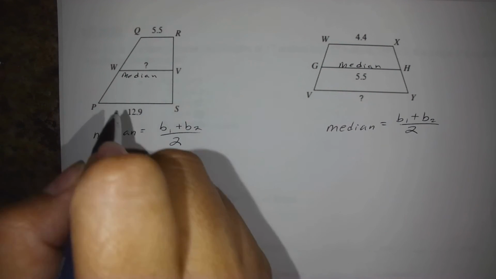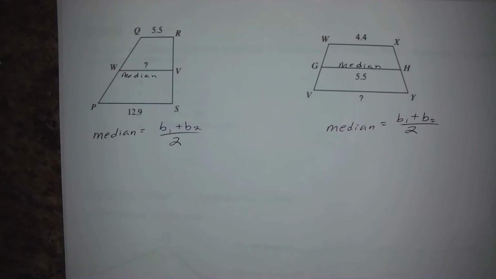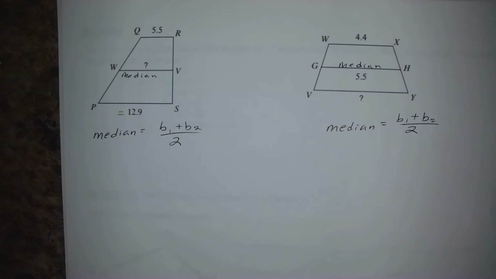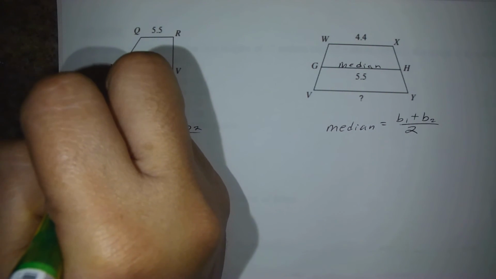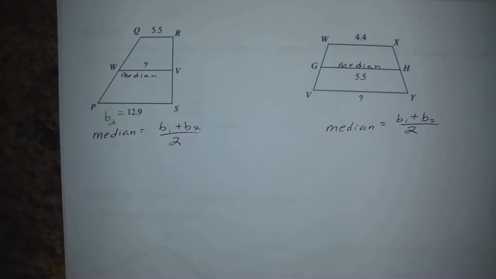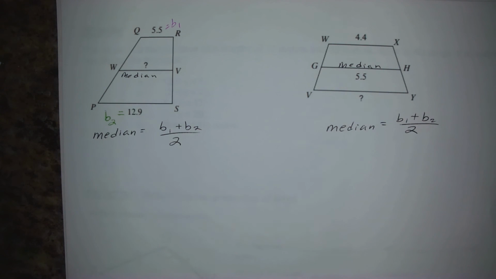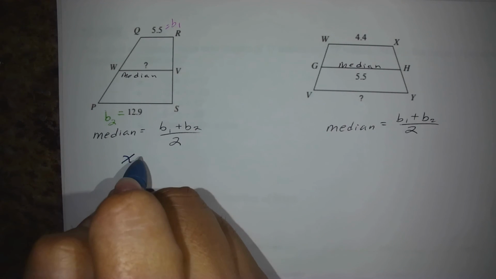Okie dokie. We know that this here is our base 1. Does it really matter? No, it doesn't, Miss Carpio. It does not matter. So base 2. I know I had called it base 1, but again, it doesn't matter. Base 2 and base 1. And then we already have our median. Our median is unknown, so we're going to call that x.